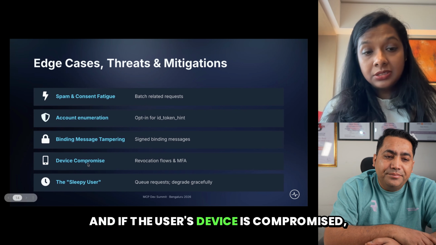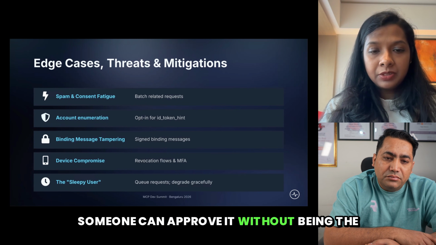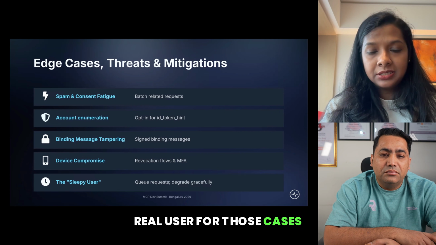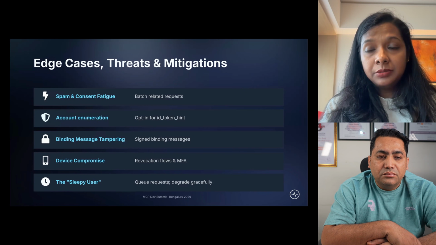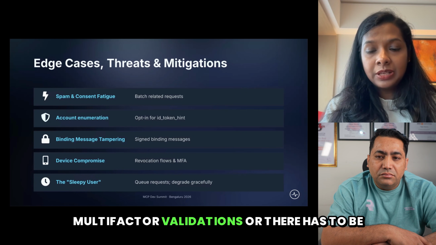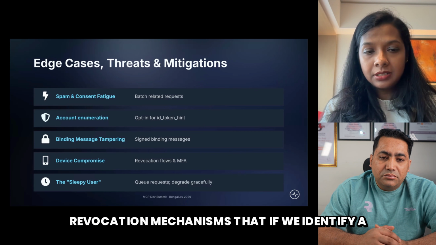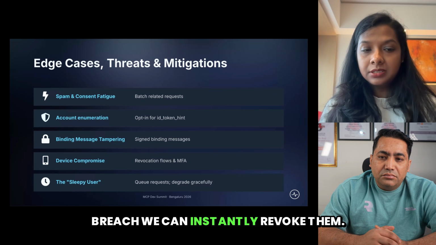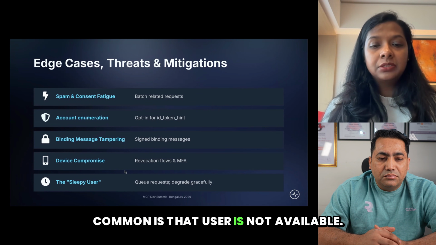And if the user's device is compromised, one can approve it without being the real user. For those cases, in the authorization there can be multi-factor validations, or there has to be revocation mechanisms so that if we identify a breach, we can instantly revoke them. And with this pattern, something very common is that the user is not available.